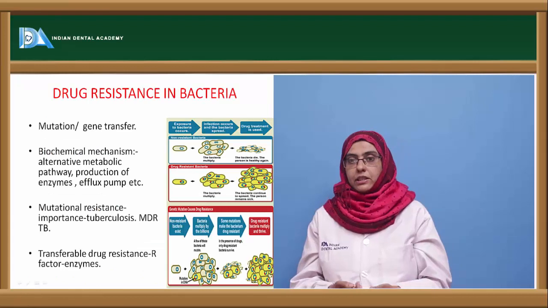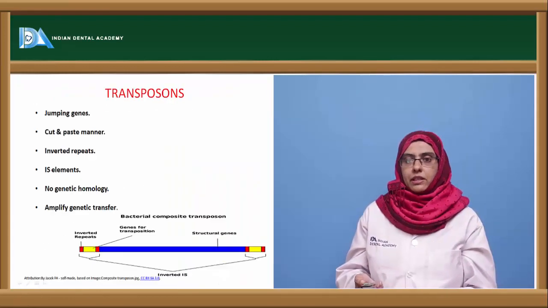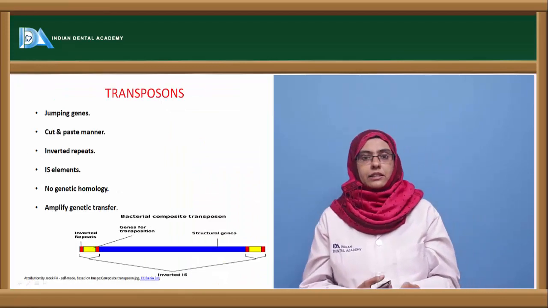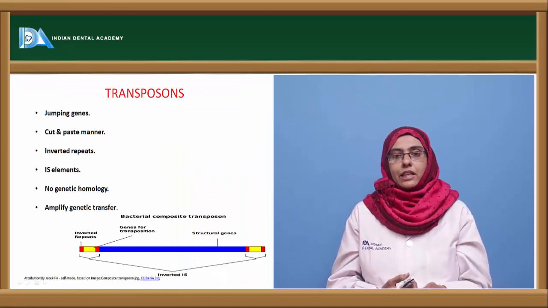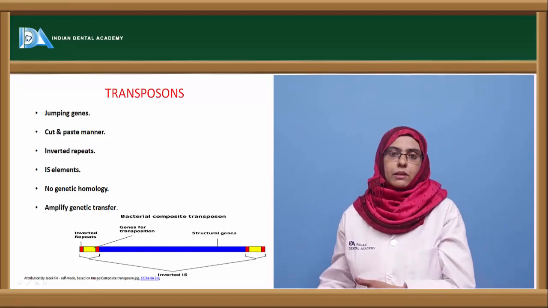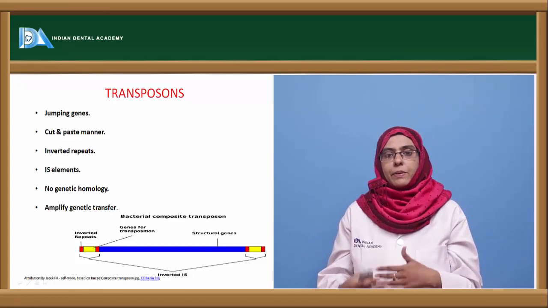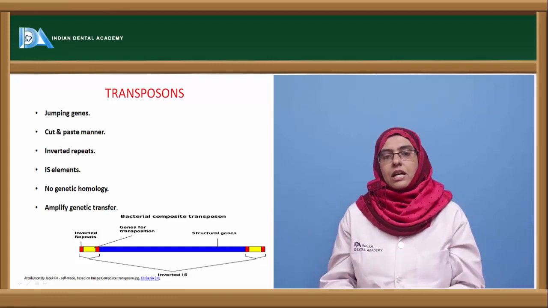Now apart from this, apart from plasmids which act as extrachromosomal material, there are certain genetically discrete segments of DNA that have the ability to move from one part of the chromosome to another part, and from chromosome to plasmid. These are called jumping genes, nothing but transposons.